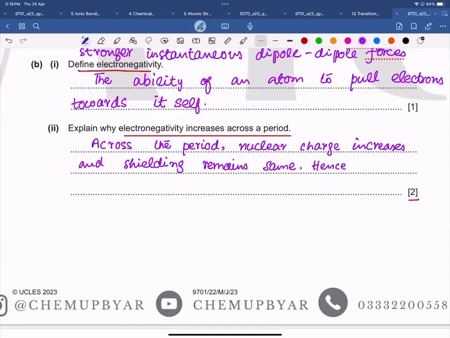Hence, nuclear attraction gets stronger. If it gets stronger, it means that the electronegativity increases. So the reason, if you see, is the same as for ionization energy. In both ionization energy and electron affinity, we have the same reasons.